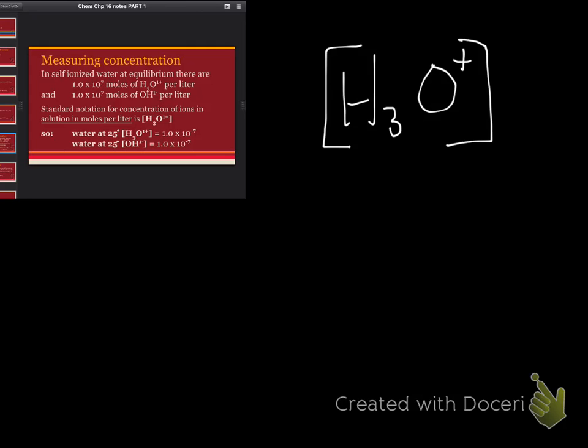So 10 to the negative 7th moles of hydronium, 10 to the negative 7th moles of hydroxide.